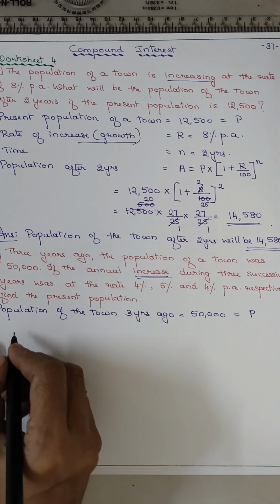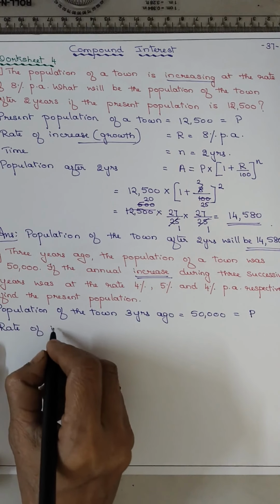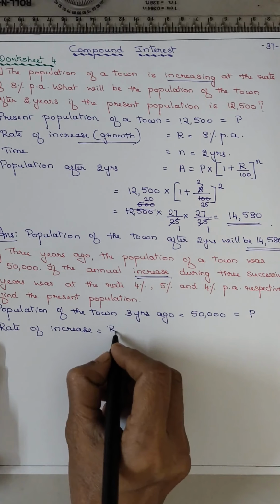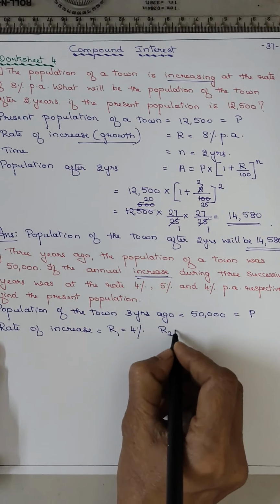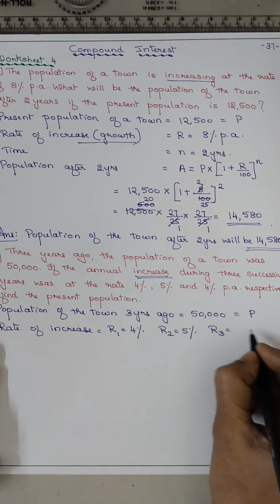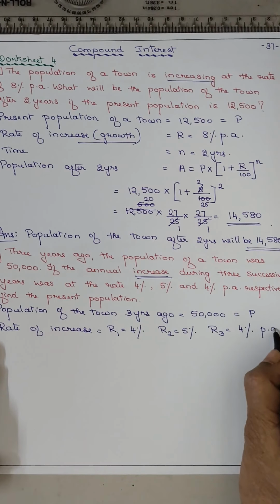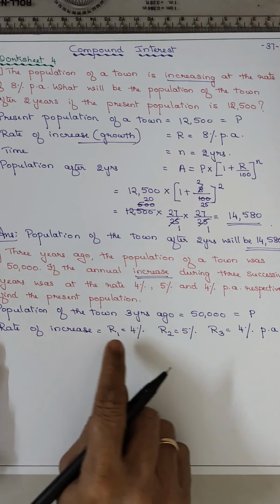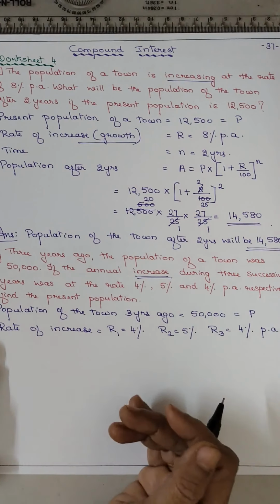Now rate of increase, हर एक साल में अलग है. So R1 is equal to 4%, R2 is equal to 5% and R3 is equal to 4% per annum. Now time we are not writing because R1, R2, R3 already it is given like that.